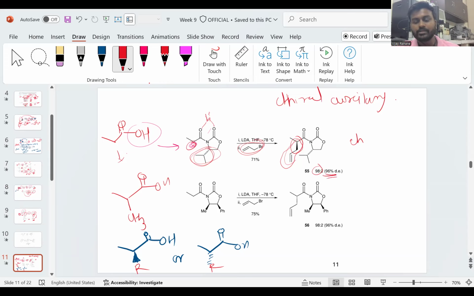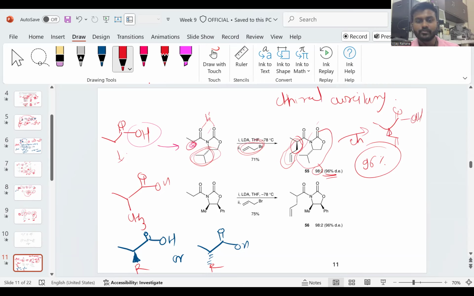And if you look at the diastereomeric ratio, the diastereomeric ratio of this product is 96%. You can see what we did was only add this chiral auxiliary to the starting material. And if you want to get the final product, we just need to cleave this group, and we get our required product in hand.